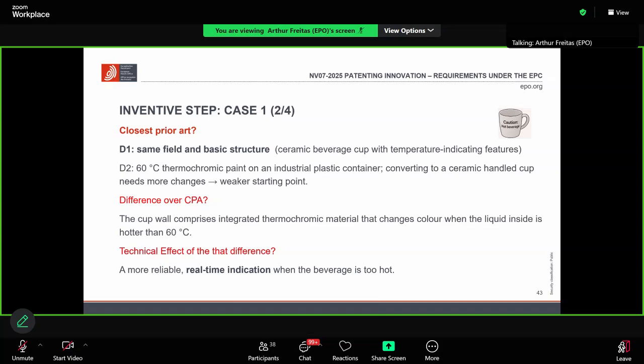It's an incremental improvement. In the other one, I really have to overhaul the device. I have to start from an apple and end in a banana. From D1 you're upgrading a cup, whereas with D2 you're taking something else and forcing it. So I think D1 is a better springboard to the invention here.